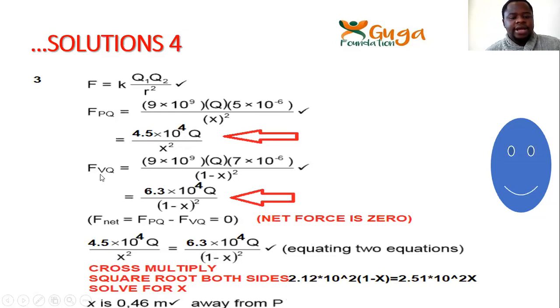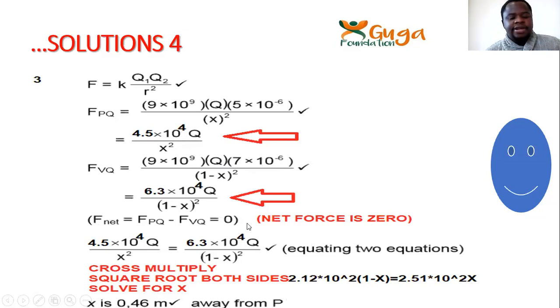Then now you go again and calculate the force between VQ, which is equal to 9 times 10 to the power 9, multiplied by Q, multiplied by the charge of V, which is 7 times 10 to the power negative 6, all over 1 minus x squared, right? Don't forget the squared here. So it will give you 6.3 multiplied by 10 to the power 4 Q, all over 1 minus x squared.